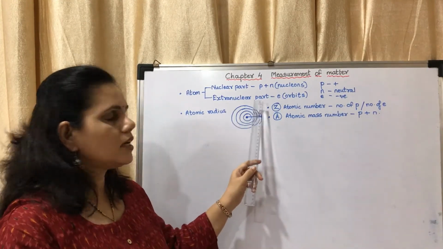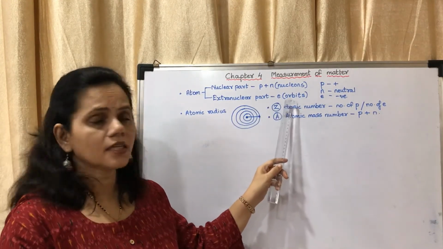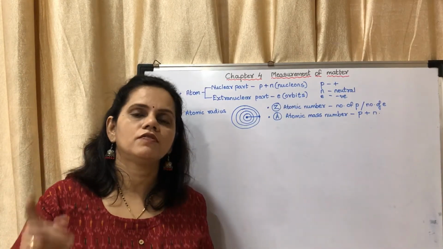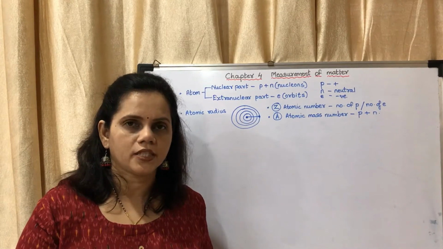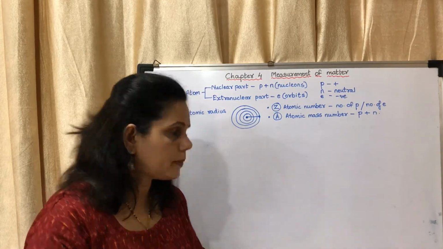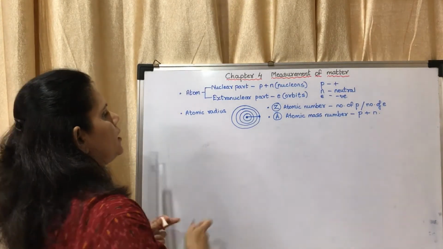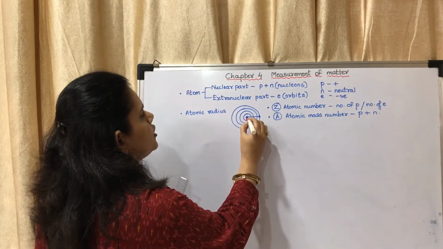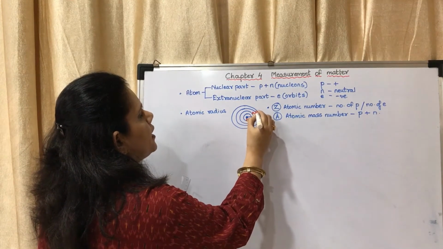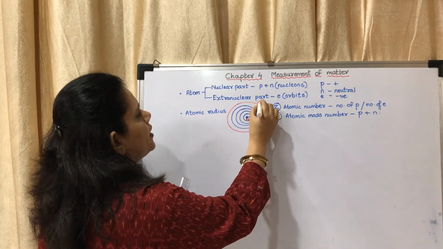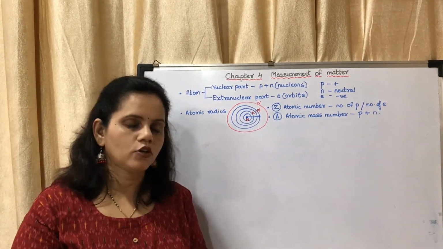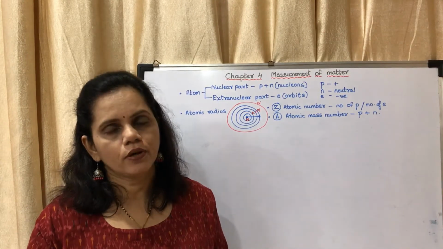The extranuclear part consists of electrons which revolve around the nucleus in orbits. Do you remember there are 4 orbits? Here I have shown that if this is the nucleus, this is K, L, M and one more, that is N. There could be only one, there could be only 2 also.